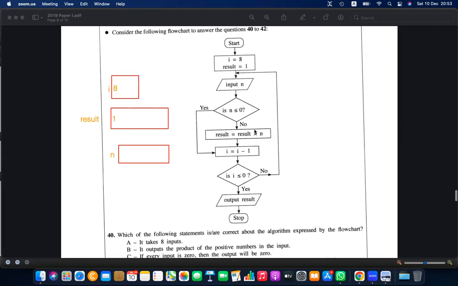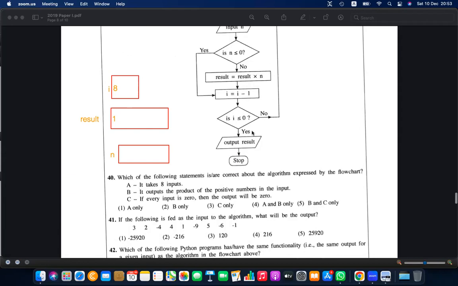Because it is 1 initially, it's not 0, it's 1. Therefore, A and B are correct, which means the answer to question 40 is number 4.